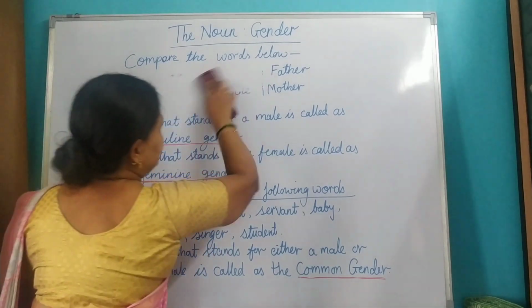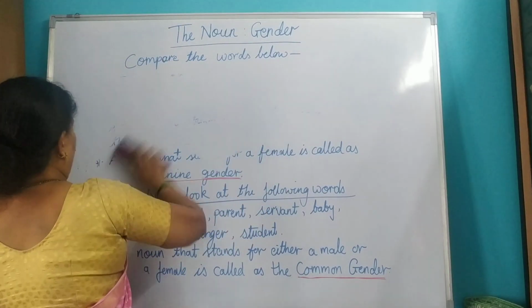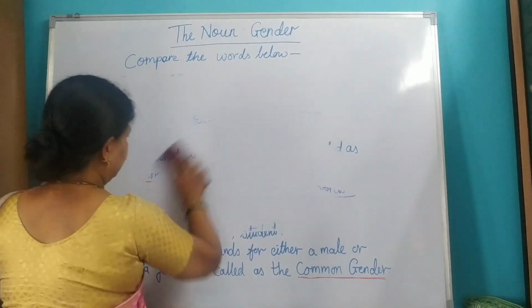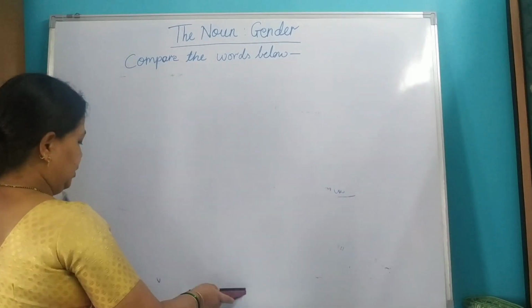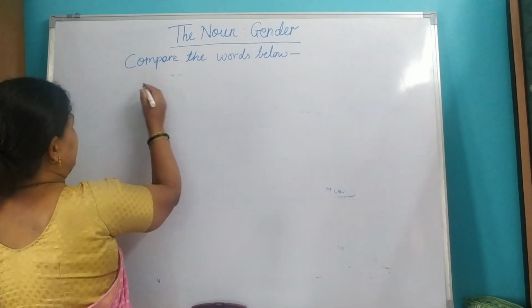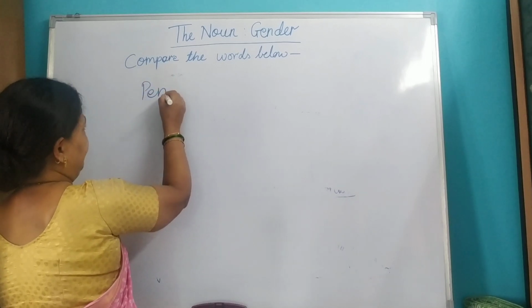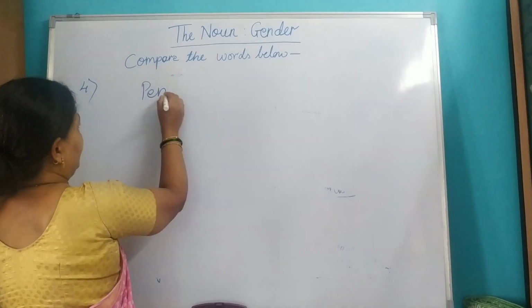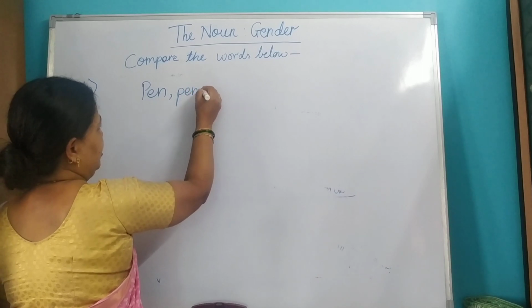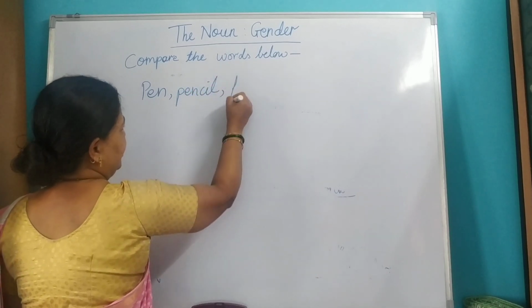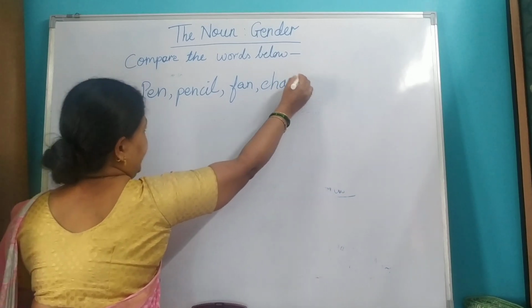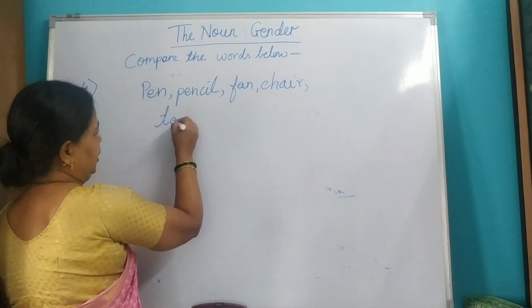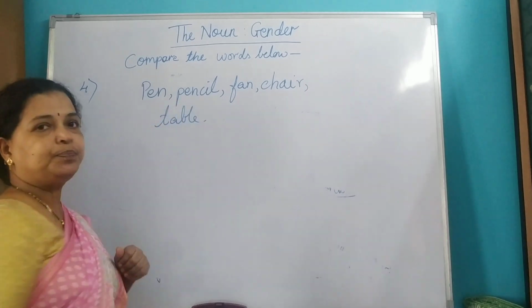The fourth one, the neuter gender. Now if I write some words, like pen, pencil, then fan, chair, then table.